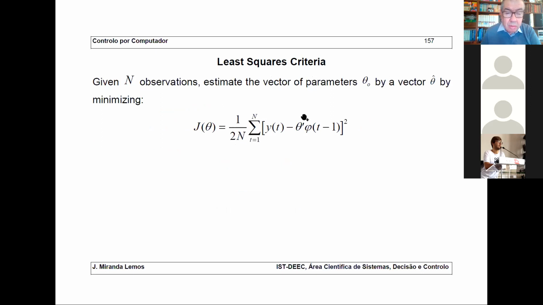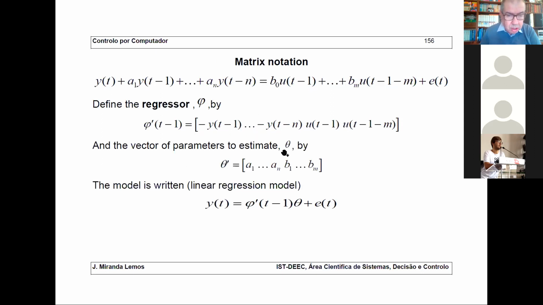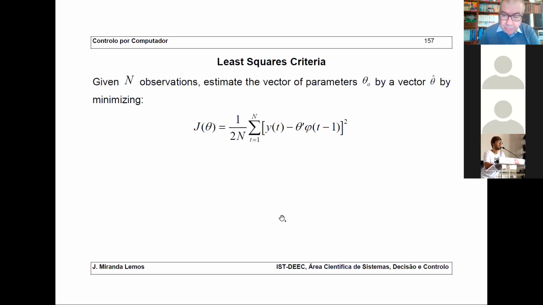So given the linear regression model, y of t should be theta transposed phi. Oh, here I had phi transpose theta. So another mistake or no? Is this correct? Or not?